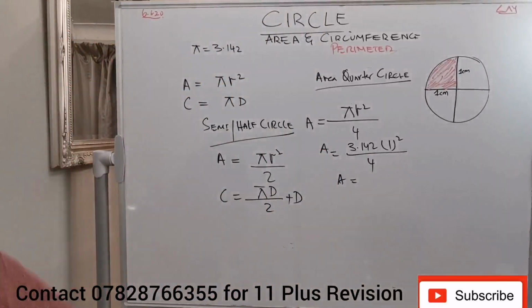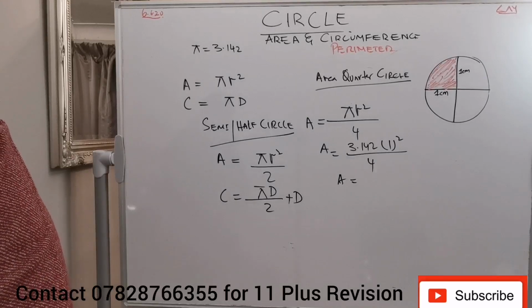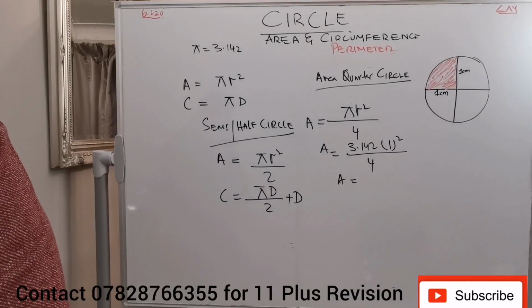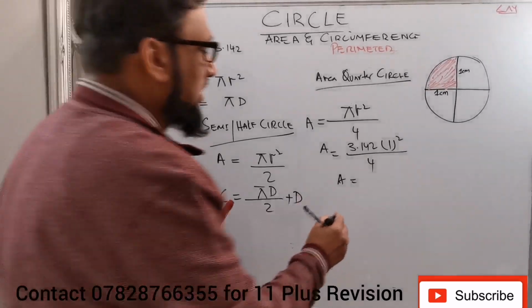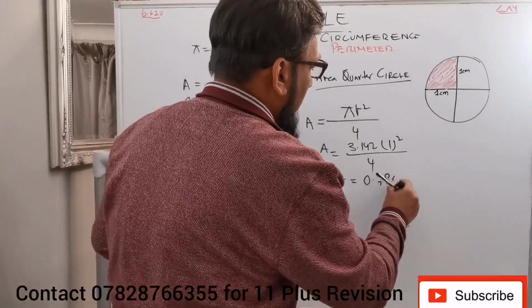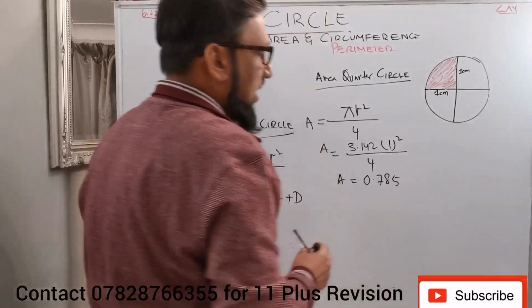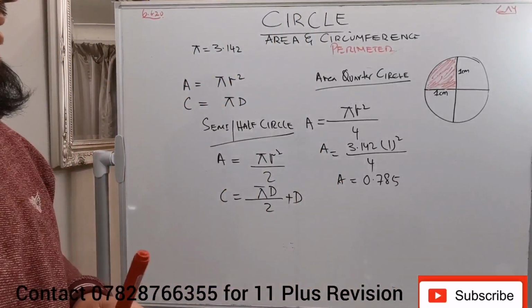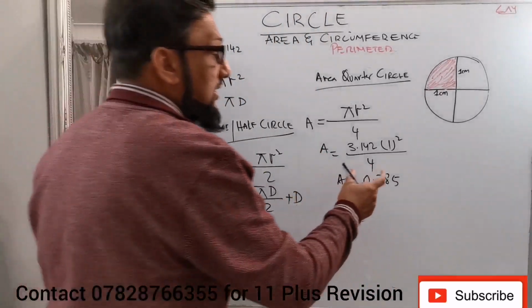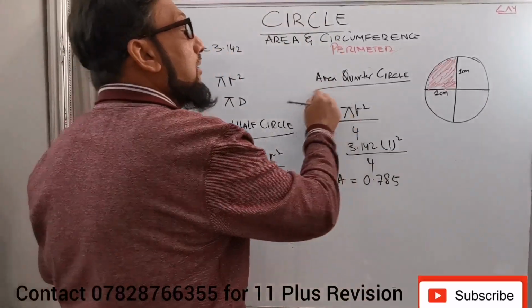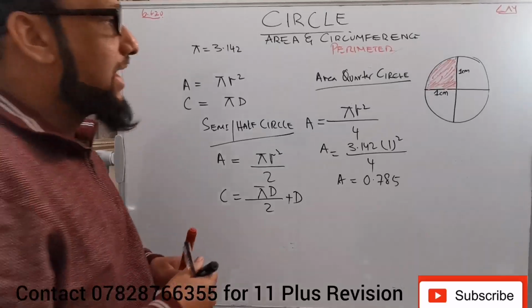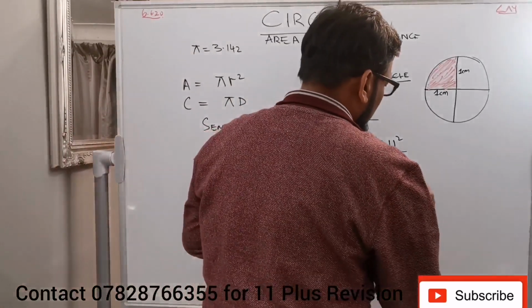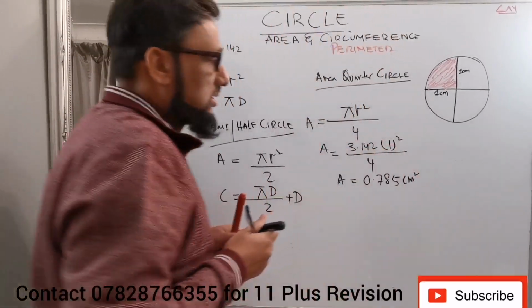So the answer will be 0.785. This is the area of the quarter circle, 0.8 centimeter square.